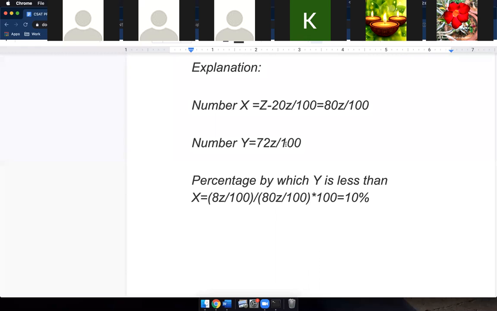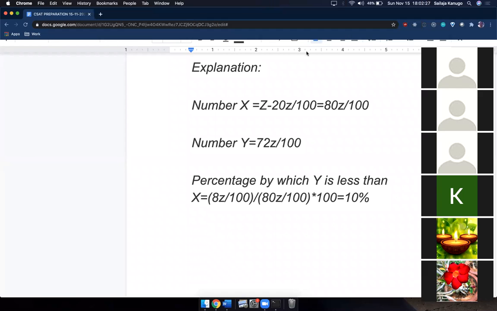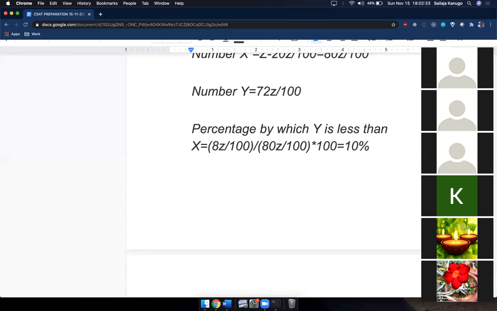The difference between number x and number y is 8z by 100, right? So 8z by 100 divided by 80z by 100, into 100 to make it a percentage, would be 10%. Is it clear?